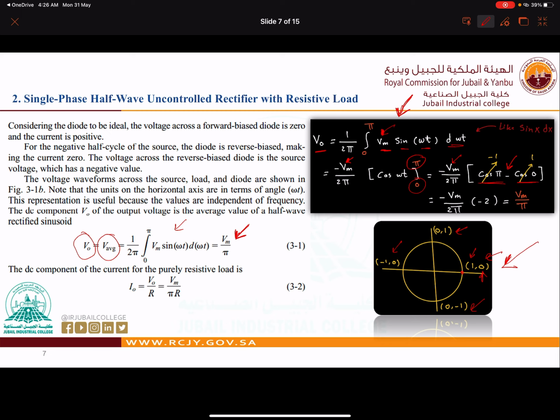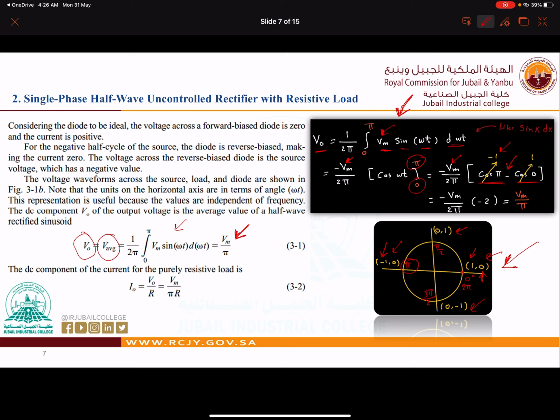And this is at 0 angle, here at pi over 2, here at pi, here at 3 pi over 2, and if we return back, it is 2 pi. So 0 and 2 pi are the same angle. Okay, so we said cosine pi. So at pi, the cosine is minus 1. So that's why it is minus 1 here.